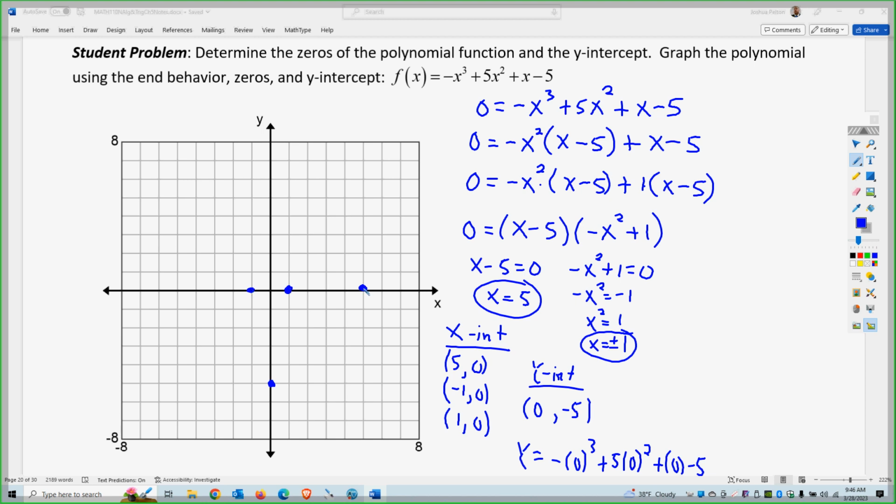Okay, so the next thing we need is the end behavior, right? Which I only need to analyze the leading term to accomplish that task. In this case, that's negative 1x to the third, as the leading term. So as x goes to negative infinity, and as x goes to positive infinity, what happens to the actual function?